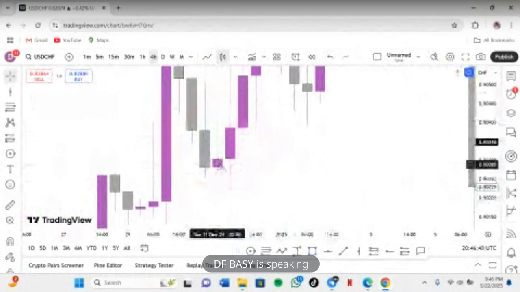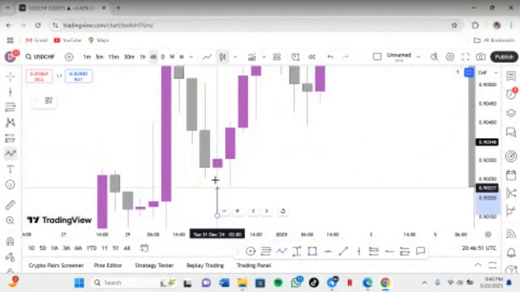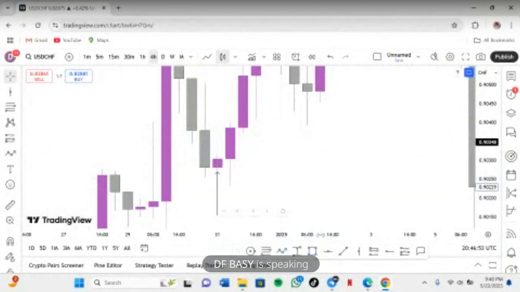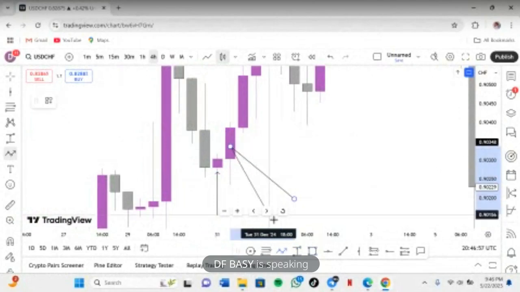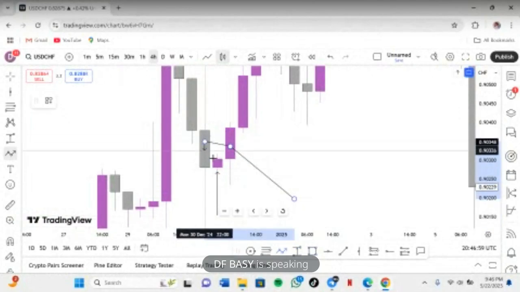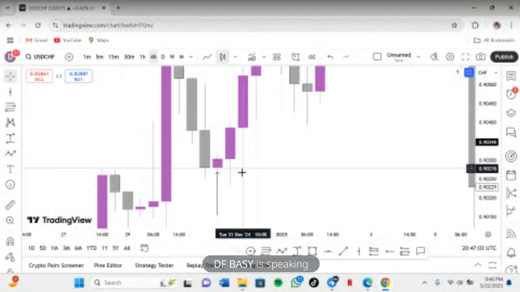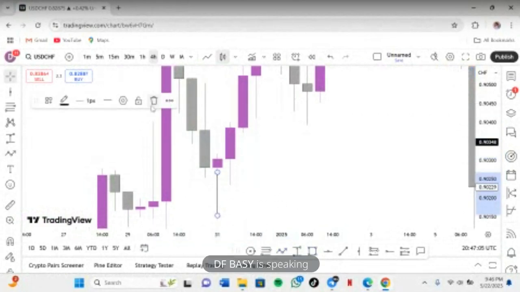This is a star in between this guy. Then you have this bullish candle and then this is the bearish candle, right? So that's the star. Let's look for another star.